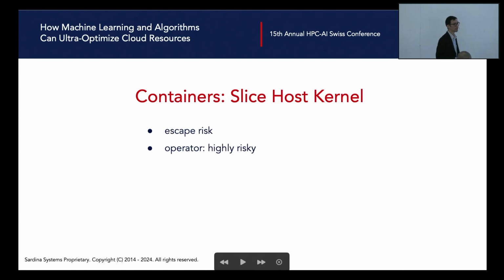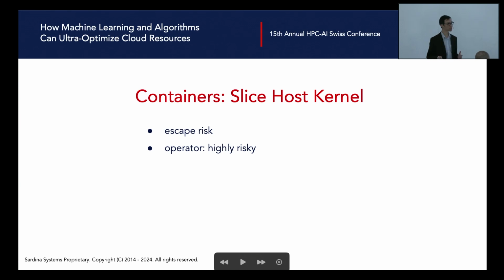Sometimes I talk to customers, and they say, well, we'll run everything on the host. Does this present a problem? It could. There's escape risk, and for an operator, this is high-risk stuff. So most of the operators that I deal with don't do this.